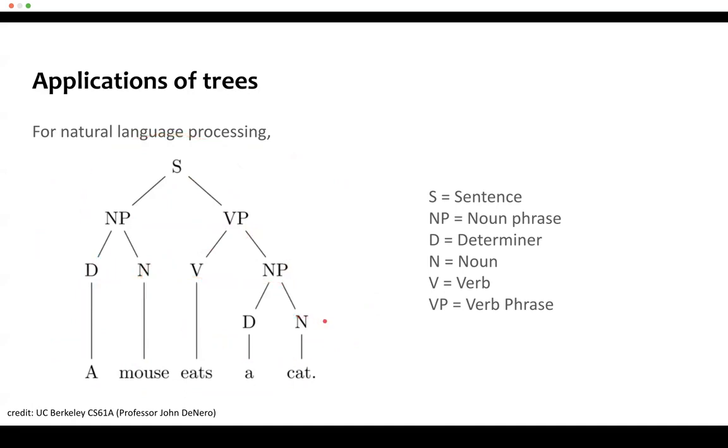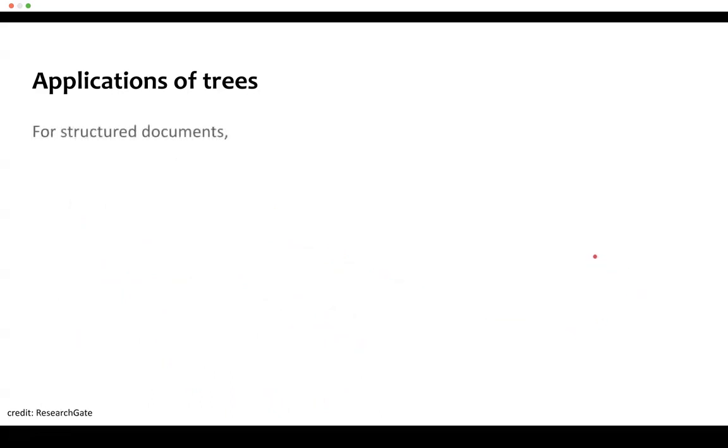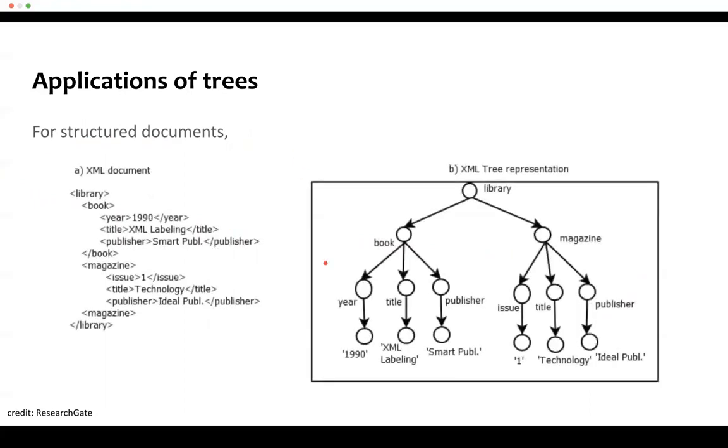If you are interested in artificial intelligence or deep learning and natural language processing, we're going to see these a lot. And another application is when we're structuring documents, we could structure documents in XML format, and it has a tree representation. And if you are interested in internet, in web development or things related to the internet, then you are going to see this a lot.